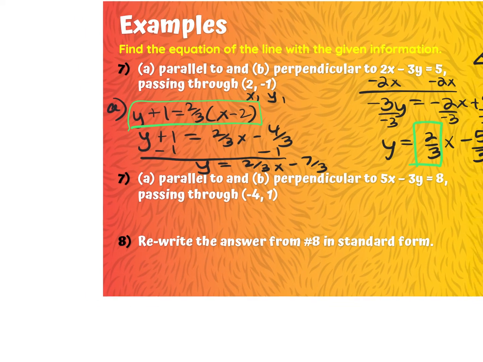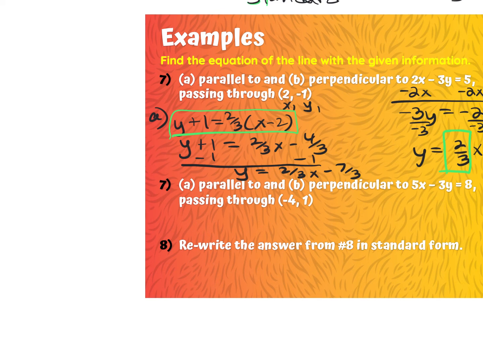So let me show you the math over here to the side for doing -4/3 minus 1. What I can do is change the whole number 1 into a fraction and make it 3/3. And signs are the same, so you just add, and that's how I got the -7/3.